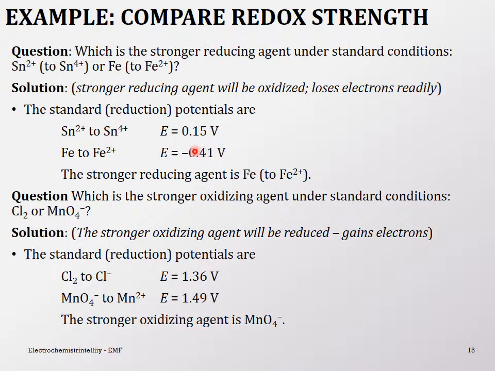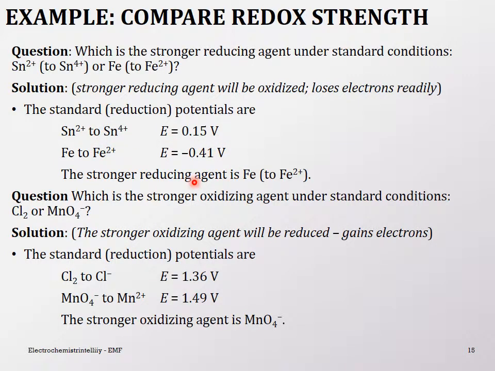The more negative it is, the better reducing agent it is, which means that it likes to lose electrons readily. And if you follow my theory about the left-hand side and the right-hand side of the periodic table, this will work too, because iron is on the left-hand side and tin is on the right-hand side of the periodic table.